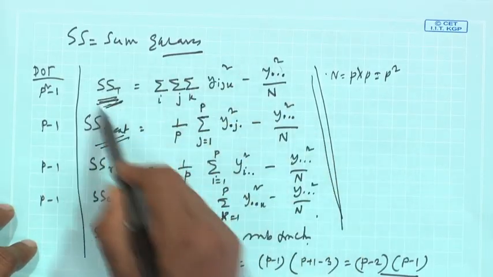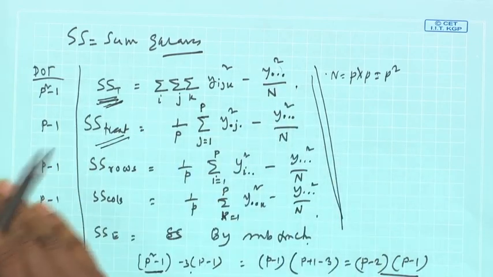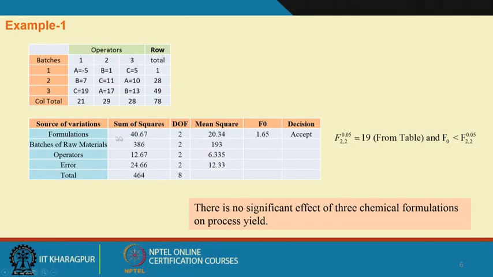Suppose I use this formula to calculate SST, then we get SST 464, and the formula for SS formulation gives these values for sum of squares. Here we have 3 formulations, so p equal to 3. So, the degree of freedom will be 3 minus 1 equals 2, again 2, 2, 2, and finally for the total, the number of observations is 9, minus 1 is 8, which is the degree of freedom for total.